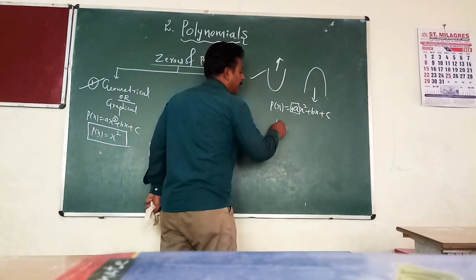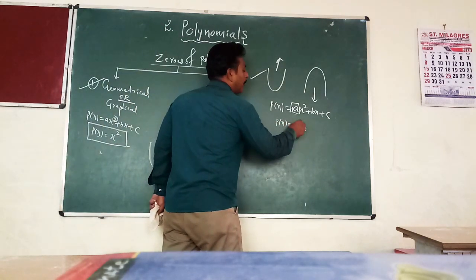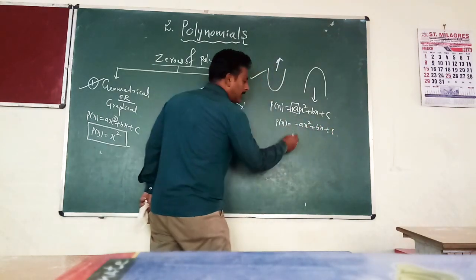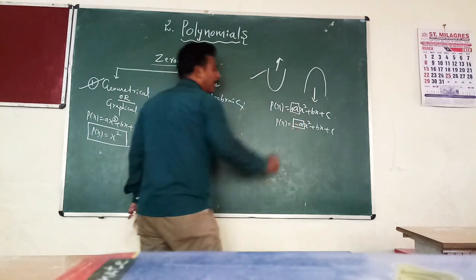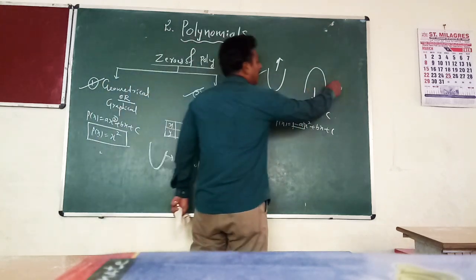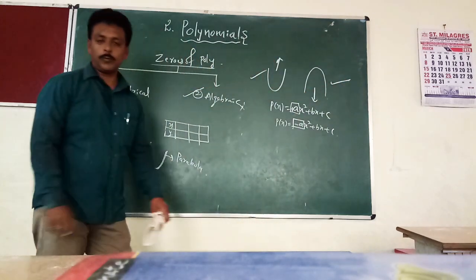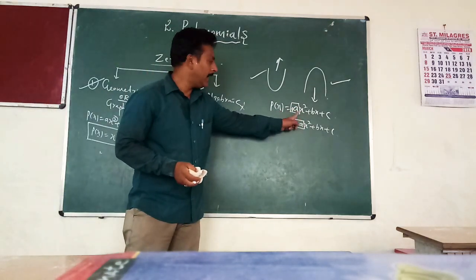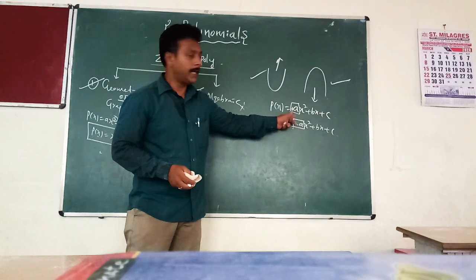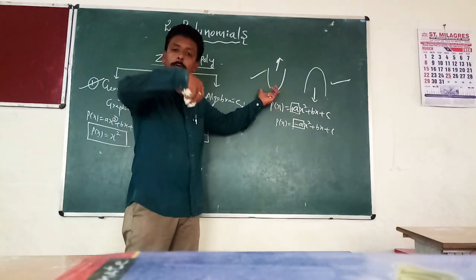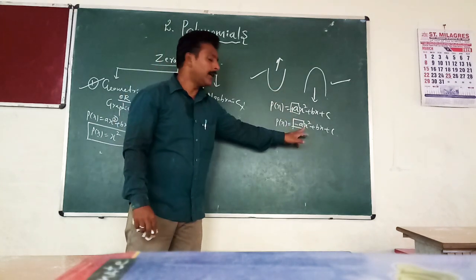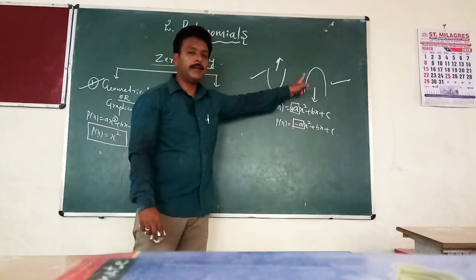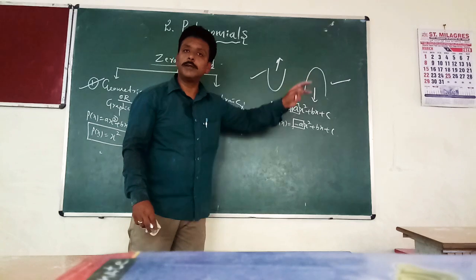If you have p of x is equal to minus ax square plus bx plus c, if it is minus a, then you will get a parabola like this. So what I mean to say is, if the coefficient of x square, a, is positive, then you will get a parabola which opens upward. If the coefficient of x square is negative, then you will get a parabola which opens downward.